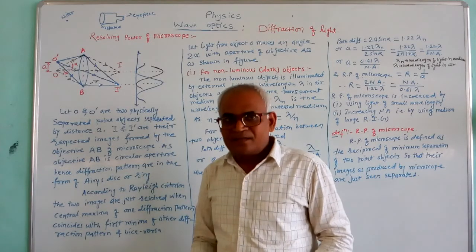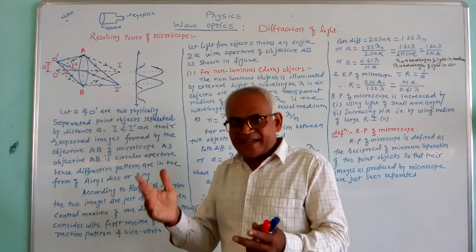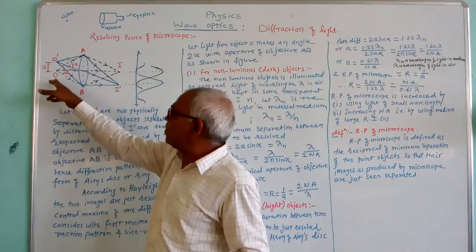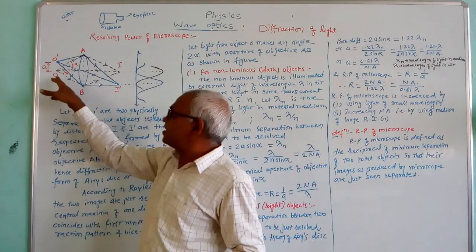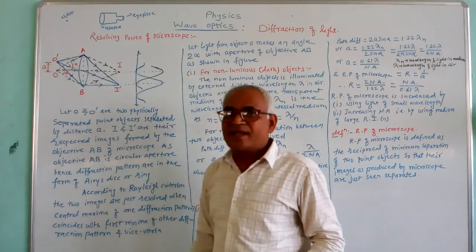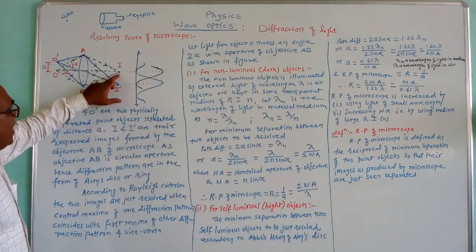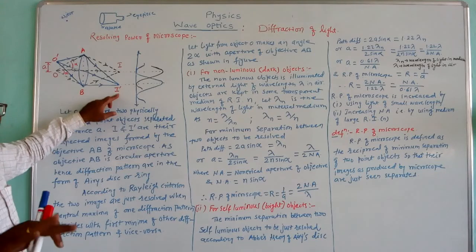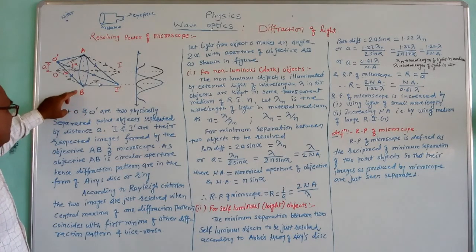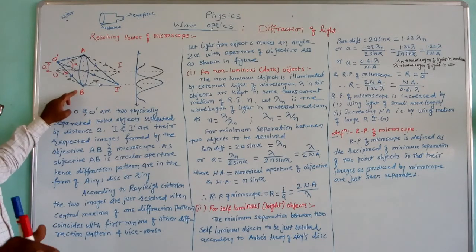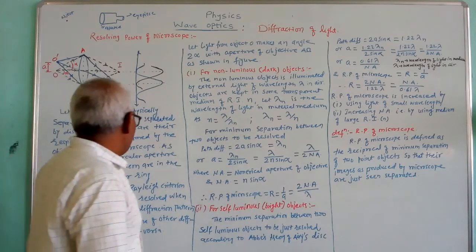Let there be two physically separated objects O and O dash, which are separated by a small distance A. Let I and I dash be their corresponding images formed by the objective AB of the microscope.